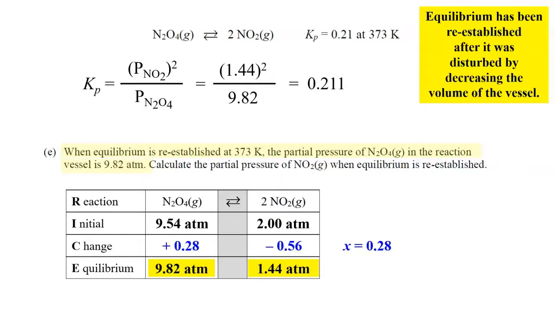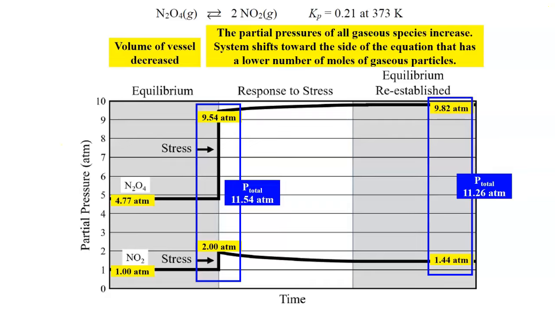And so as a result, when equilibrium was reestablished, the total pressure was slightly less than the pressure at the moment of the change. So to summarize on this slide, what happened is that we had a total pressure of 4.77 plus 1 for the 2 gases. That would be 5.77 atmospheres.